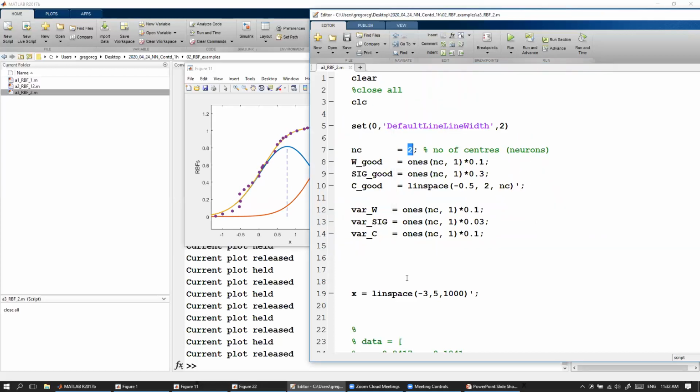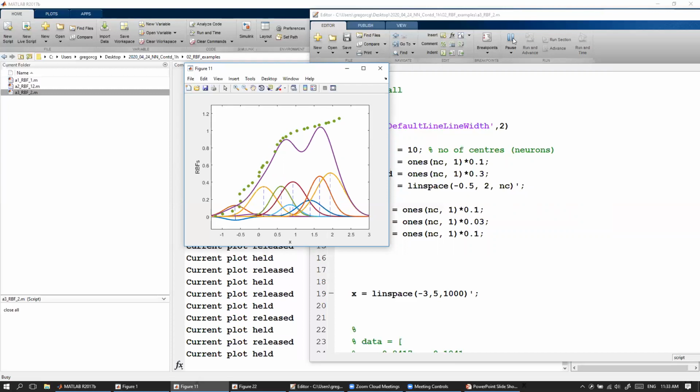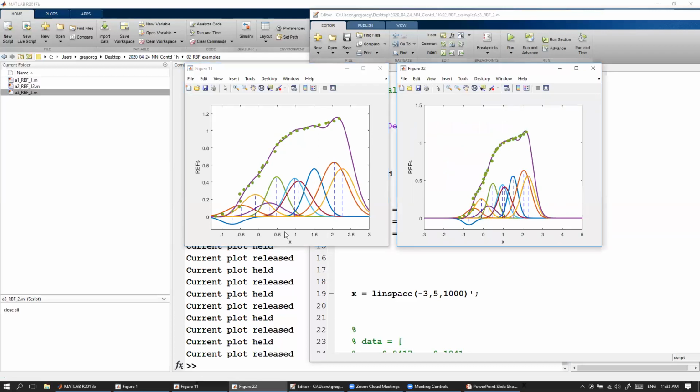So now I am going to extend the number of neurons, for example, to 10. Now, first of all, it takes longer. And there's another thing that we observe here, that some of the weights are negative.